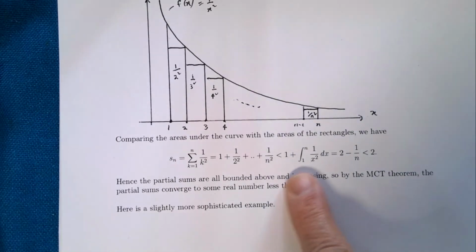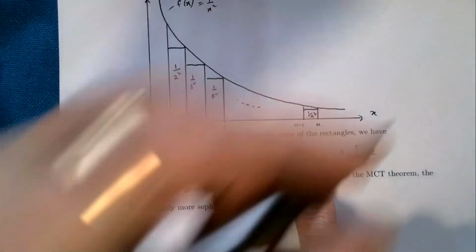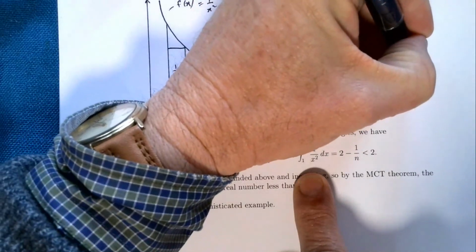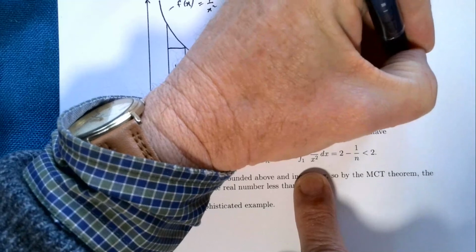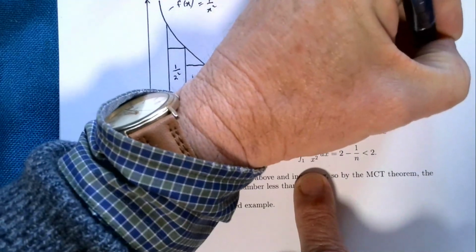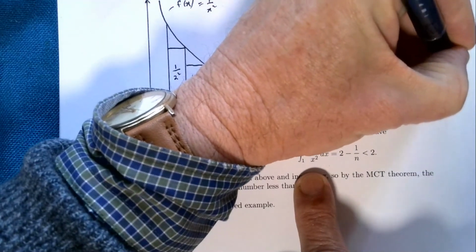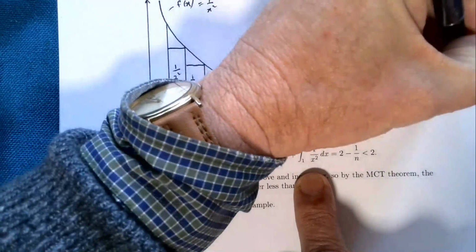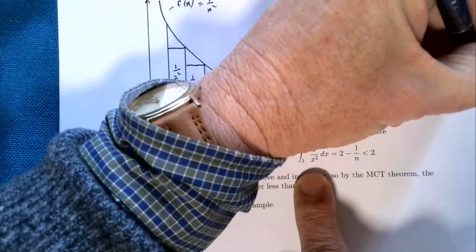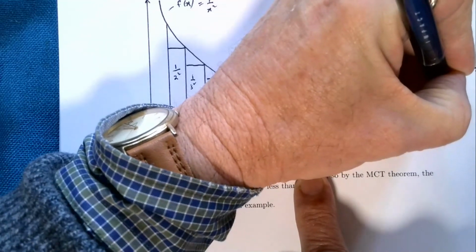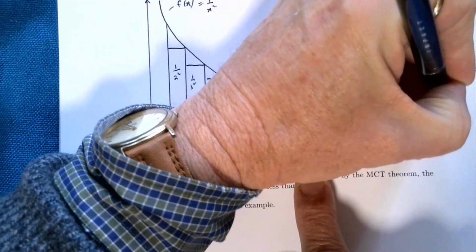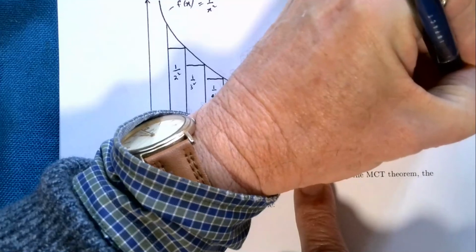Now you can do this little integral over the side. We're going to work out the integral of 1 on x squared from 1 to n dx. So this is the integral of x to the minus 2 dx. So we increase the power by 1, divide by the new power, from 1 up to n.